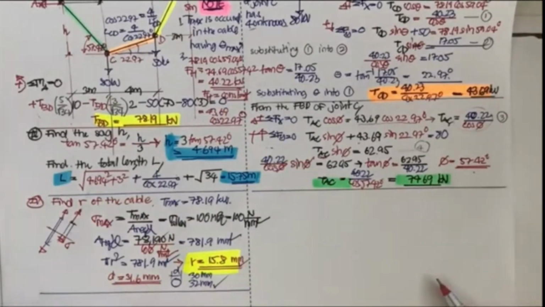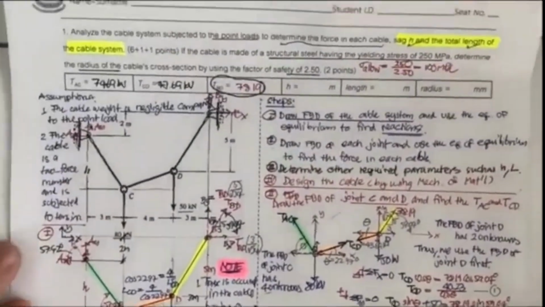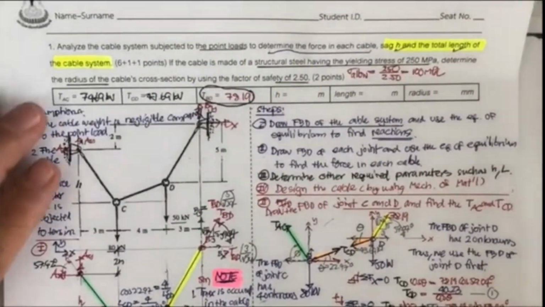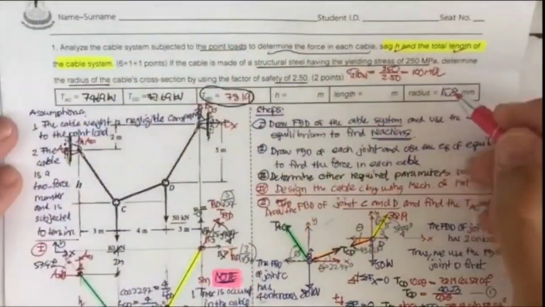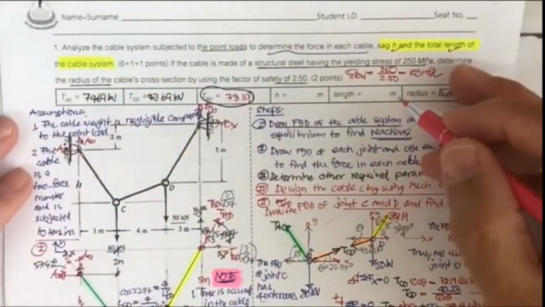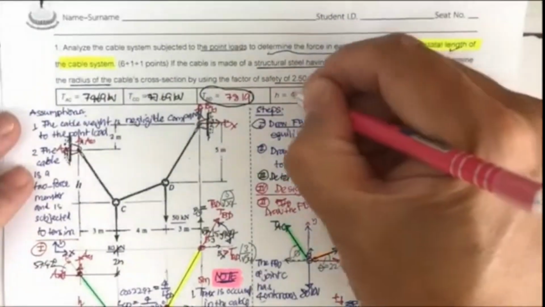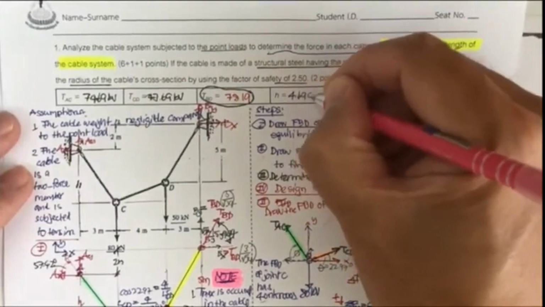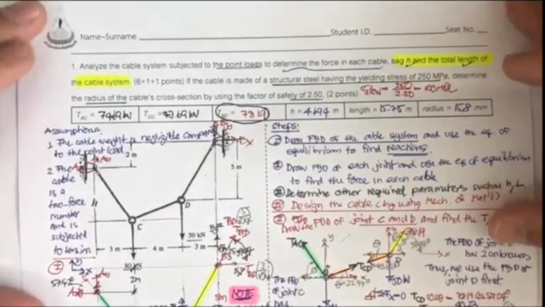That is the end of the example that demonstrates how to work on this problem step by step. Finally, you just put what we have into the space here: the length is 15.75 and the H is 4.694. That's all we have for the example.